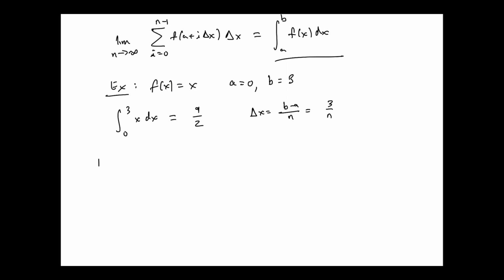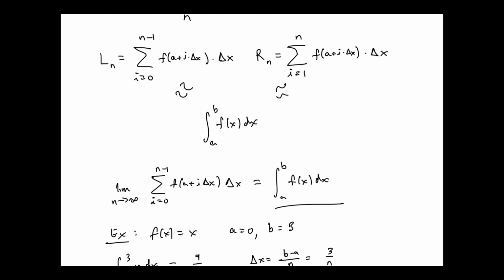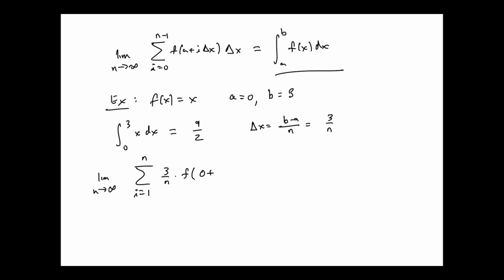The thing I'm trying to compute is the limit as n goes to infinity of the sum i equals 1 to n of width, which is 3 over n, times height, which is f of a, which is 0, plus i times delta x. And delta x, we just said, was 3 over n. That's the first step of the setup.